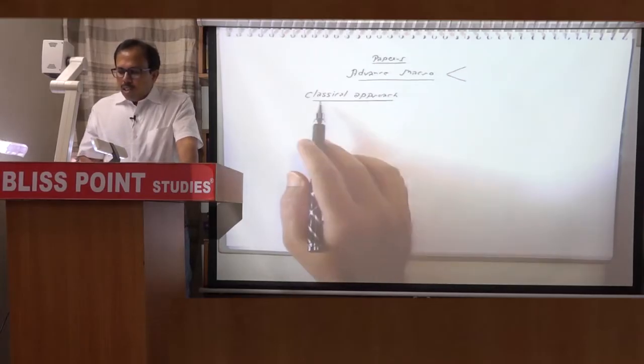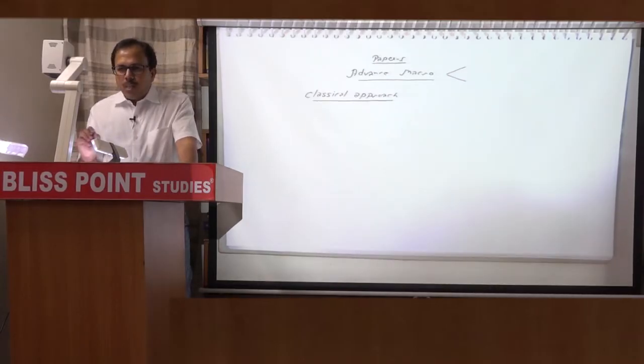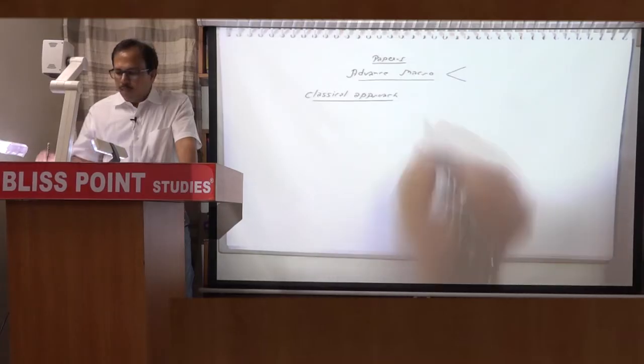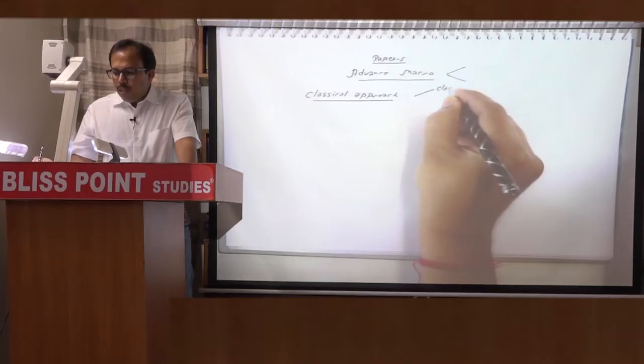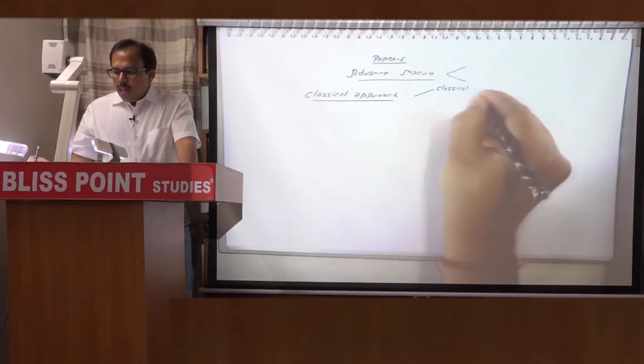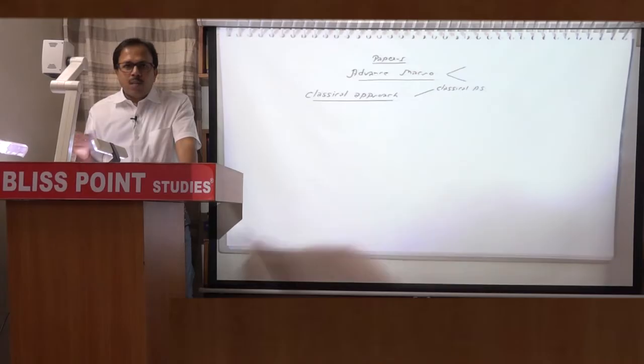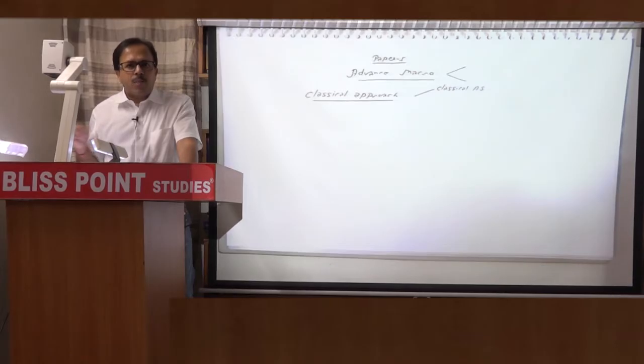So in the classical approach we will have to explain first how employment and output get determined, and then rate of interest. So there will be certain aspects here. One will be the classical aggregate supply, because to explain macroeconomics we have to derive the aggregate supply, aggregate demand, rate of interest theory, then we can explain the classical approach.